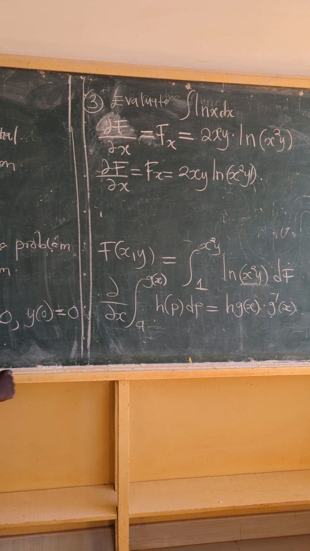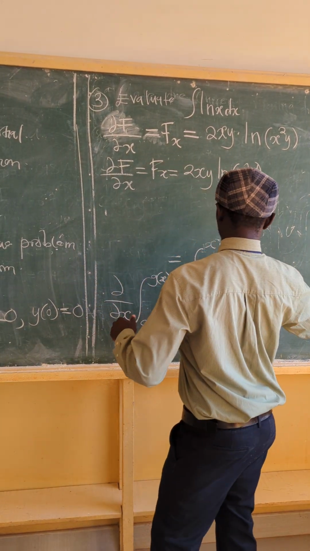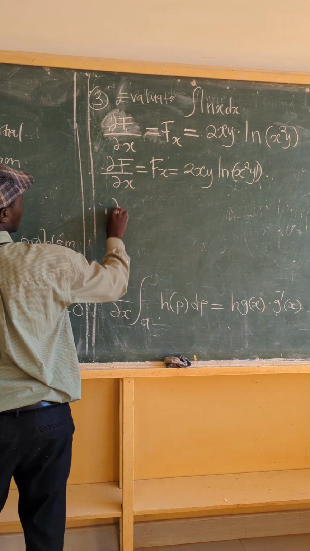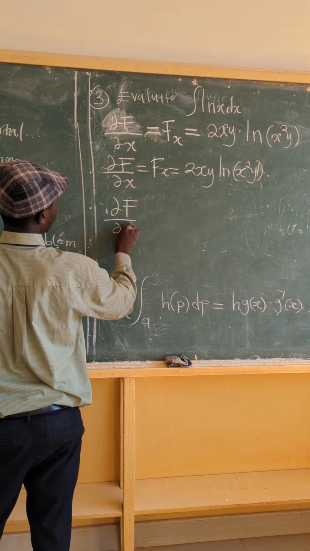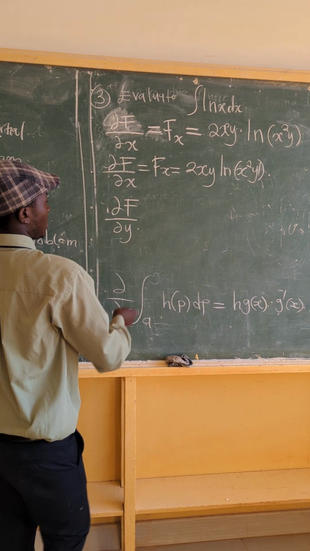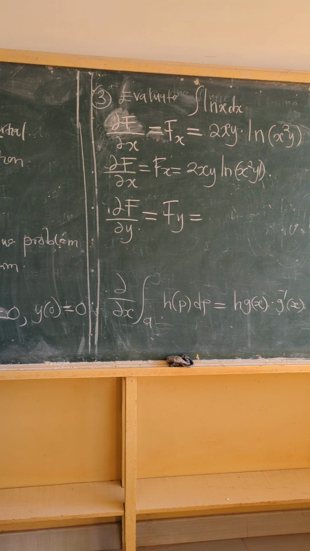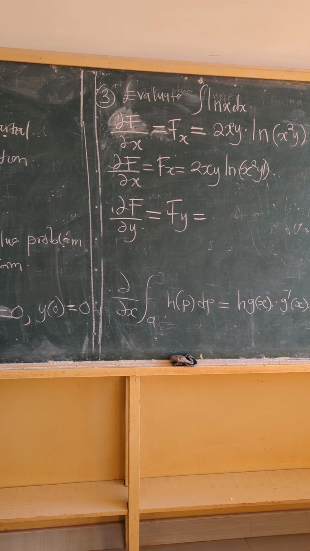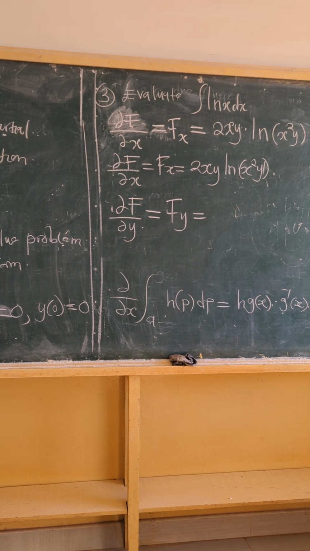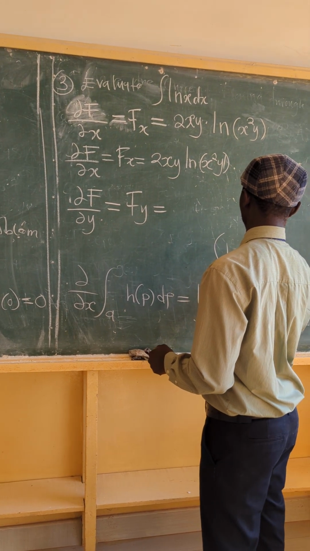Now we come to the second partial derivative, df over dy, which is f of y. In this case, we are differentiating with respect to y, not x. Remember, we had ln of x squared y.